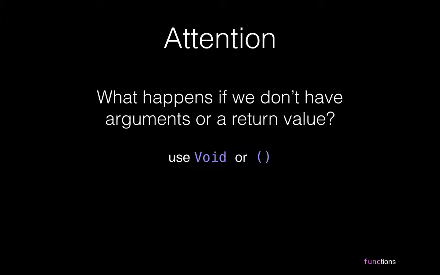So for example, a function that would take in two strings and return nothing would be a function from string to nothing, and we still have to keep the arrow in the type of the function, but we replace the return type by an empty pair of parentheses. We might as well replace it with the keyword void.